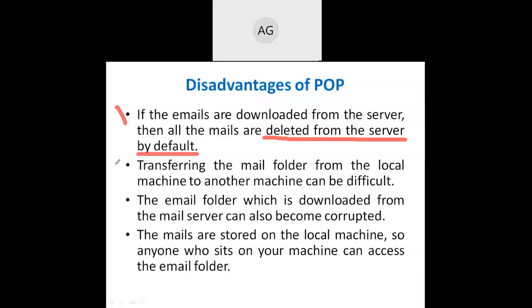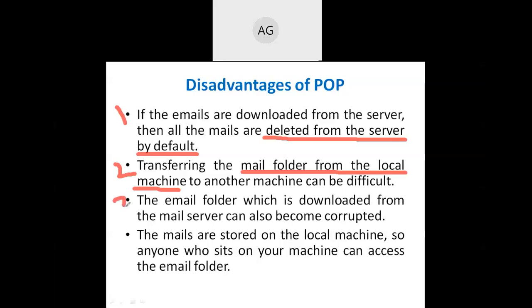The second disadvantage is transferring the mail folder from the local machine to another machine can be difficult because there are many mails and the mail size is very bulky, so transferring the mail folder to another machine is quite cumbersome.